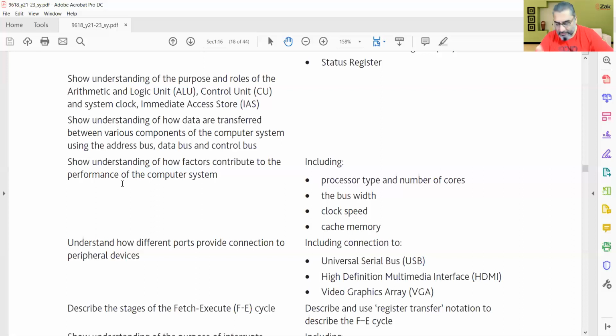also the bus width. Okay, so bus width is the width of the address bus and data bus that can affect the performance. Now, what is bus width actually? This is also called word size. When we talk about computers, you might have heard someone say, I have got a 32 bits computer, I've got a 64 bits computer. Nowadays, commonly, the computer is 64 bits.